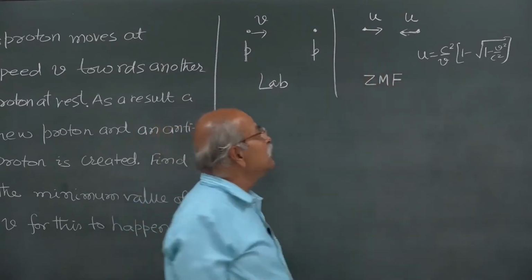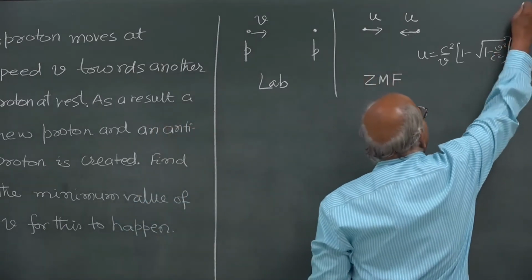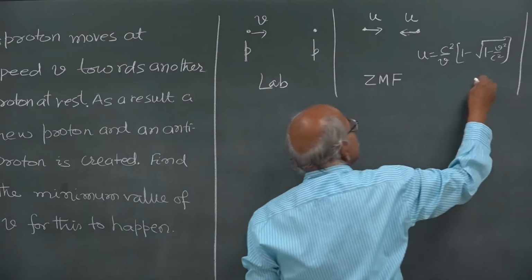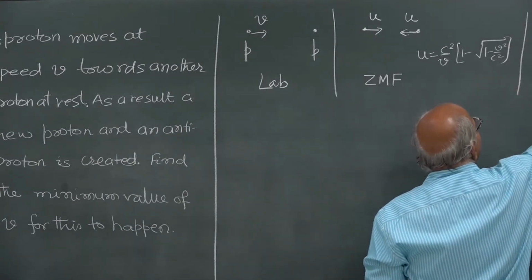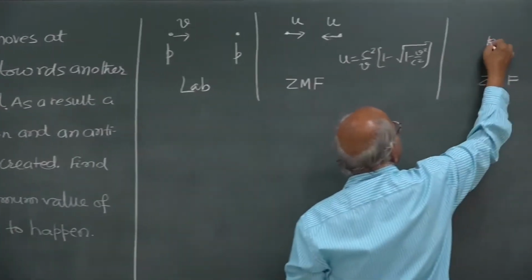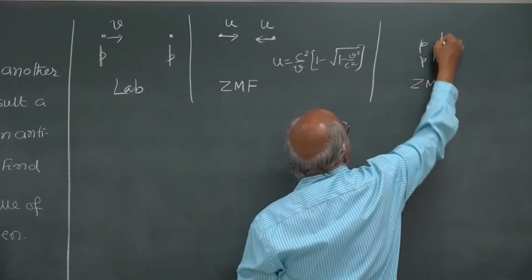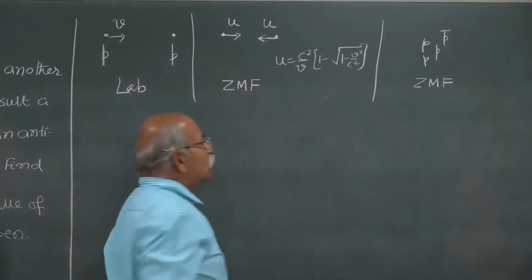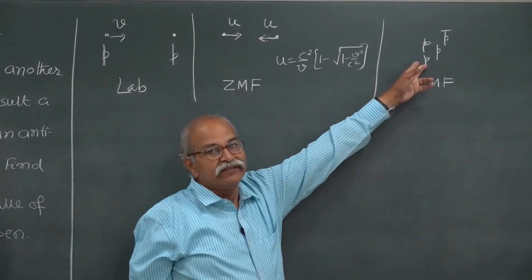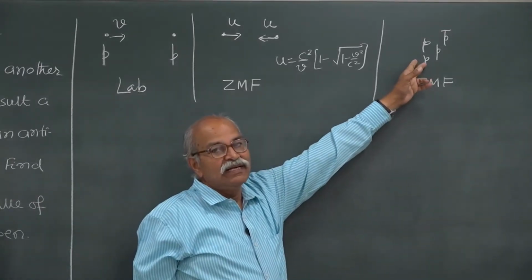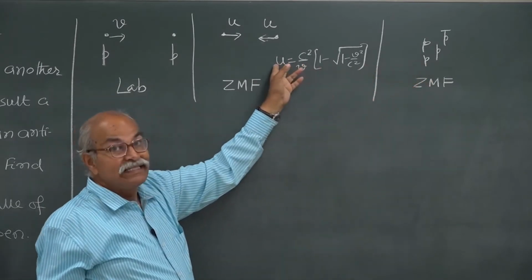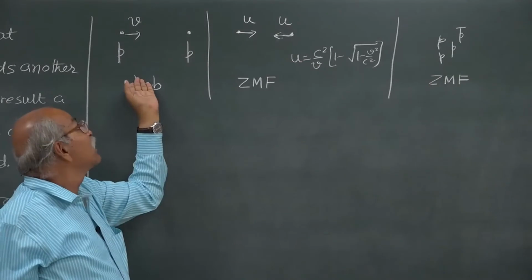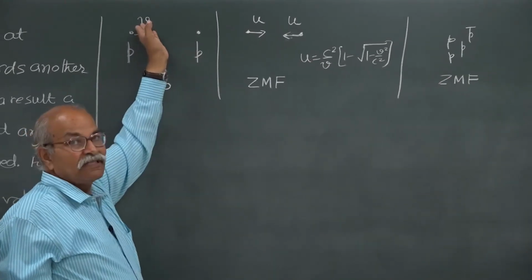And then if I demand that after the collision, in the zero momentum frame, you have P, P, P, and P bar all at rest, then you will get the minimum value of this u, and then you can find the minimum value of small v.